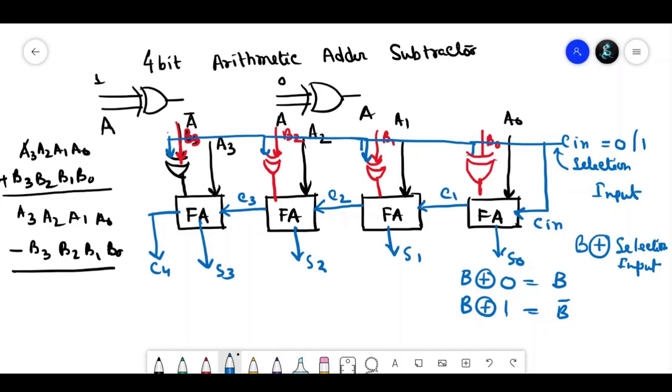Similarly, in the case of subtraction, it will be like the 2's complement addition. This means that the circuit performs the addition of A with 2's complement of B for unsigned numbers.